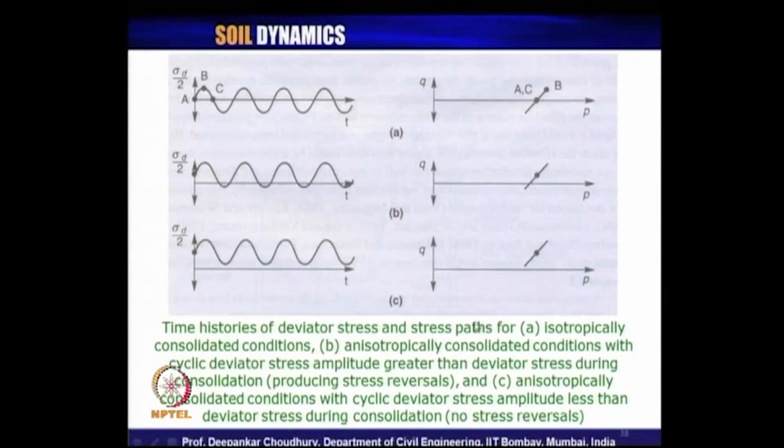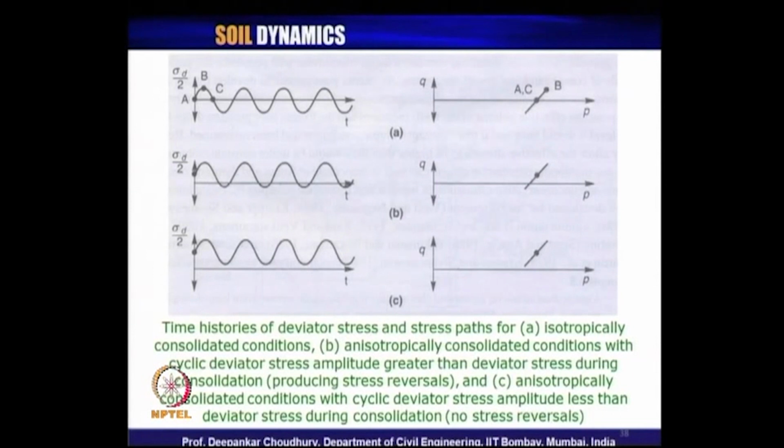There is no stress reversal, that is why the entire thing is on this one side of the axis, and the corresponding stress path is here. I assume, though this is not within the scope of this course, that you understand what is meant by an isotropically consolidated test for a triaxial under static condition, and what is anisotropically consolidated.